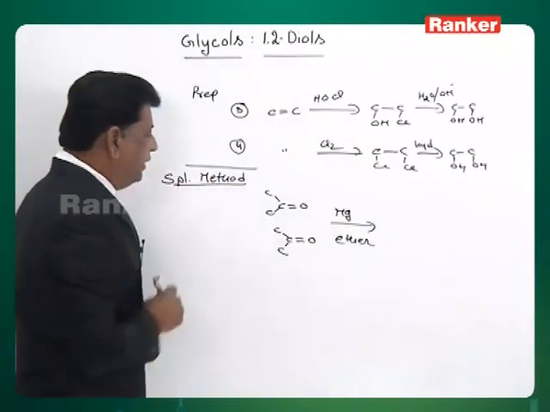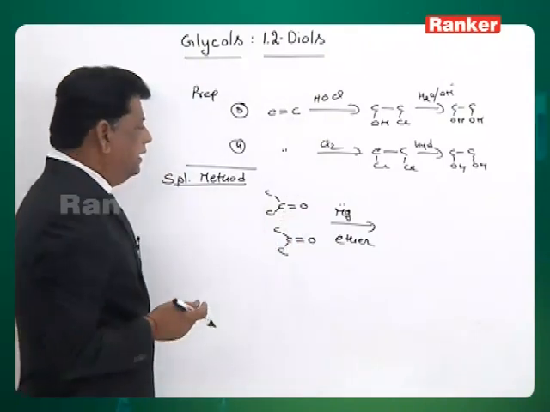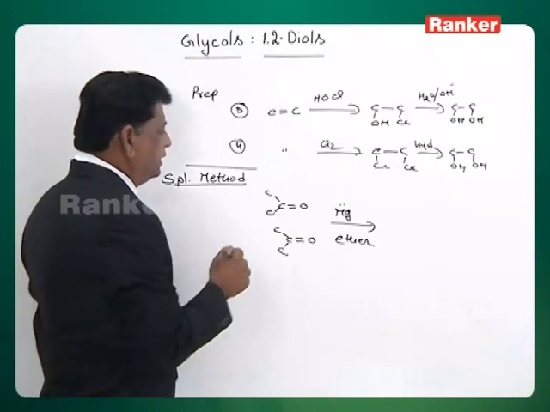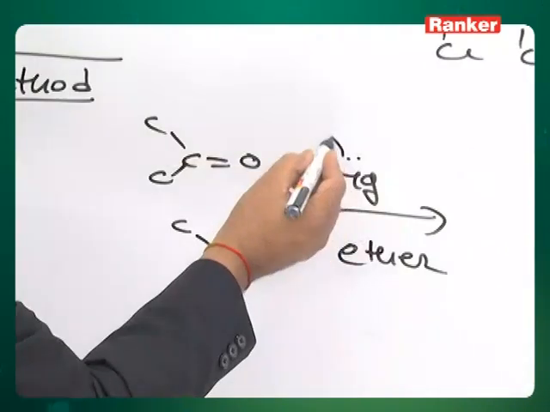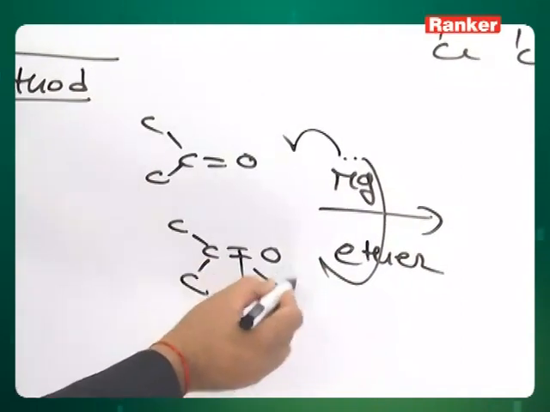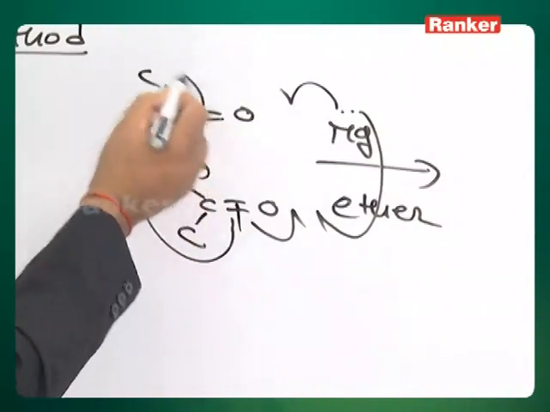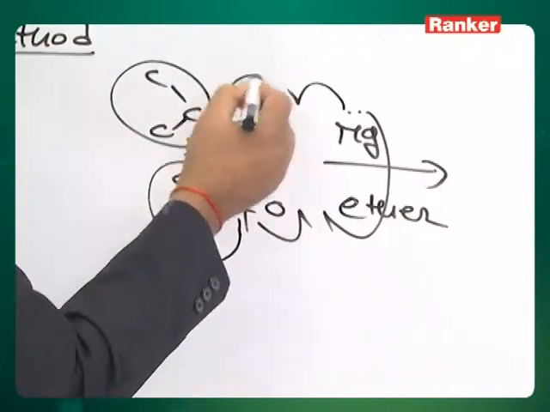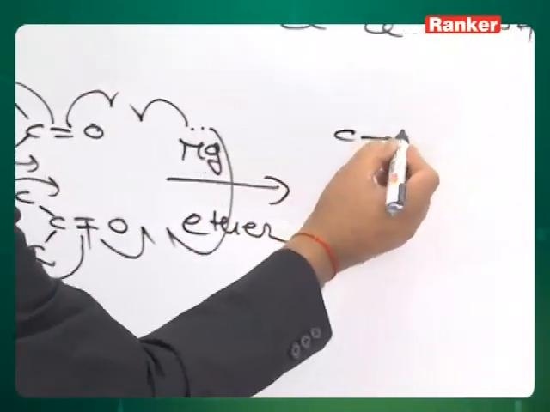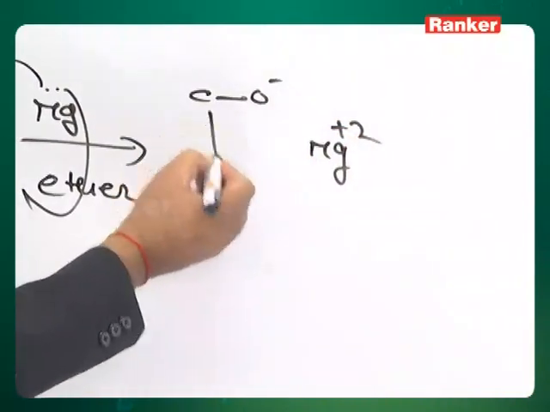Magnesium has two free electrons in the s2 configuration. Out of that, one electron is given here, one electron is given here. A bond is formed between the two carbons, and you get a glycol, but magnesium becomes +2.